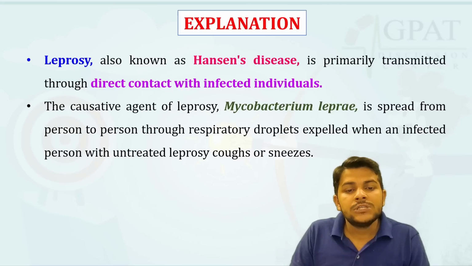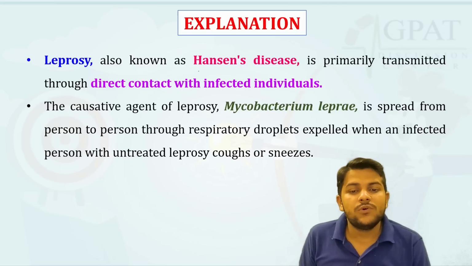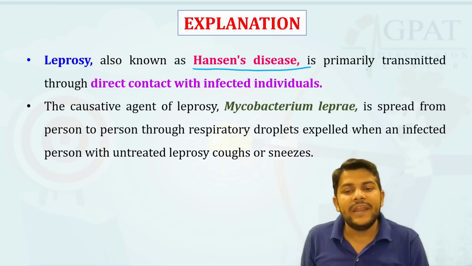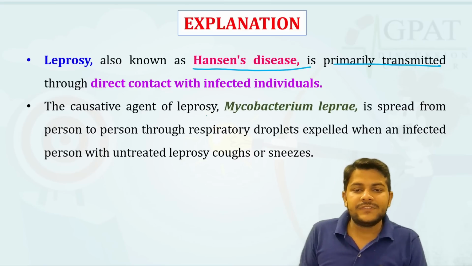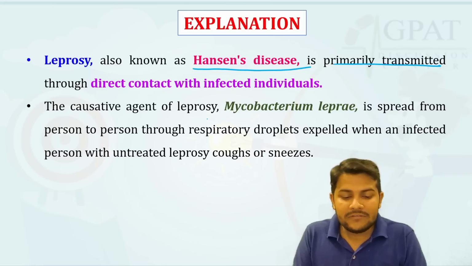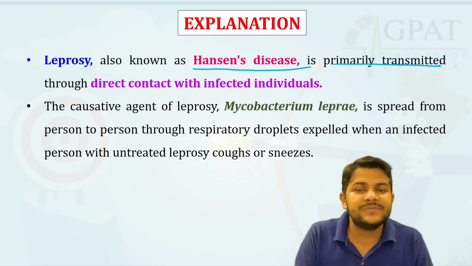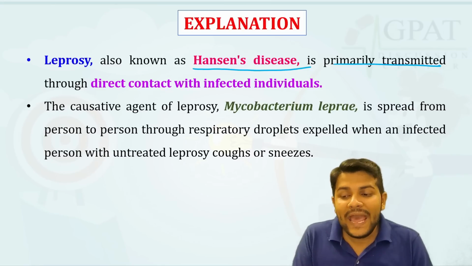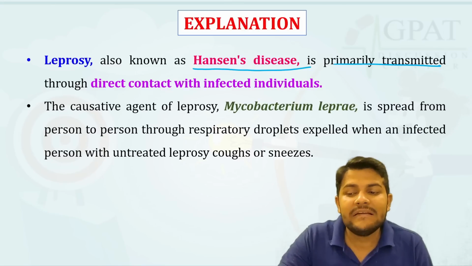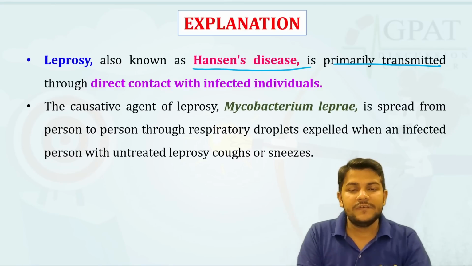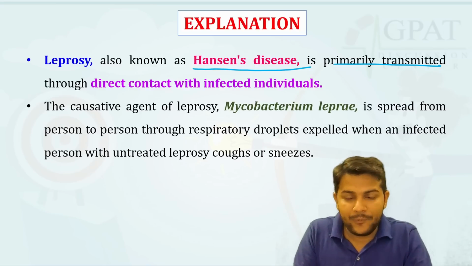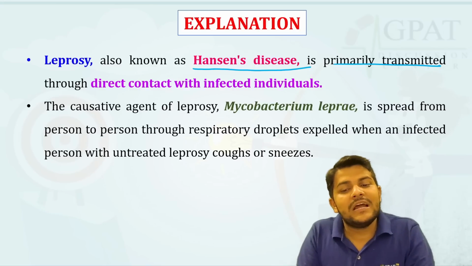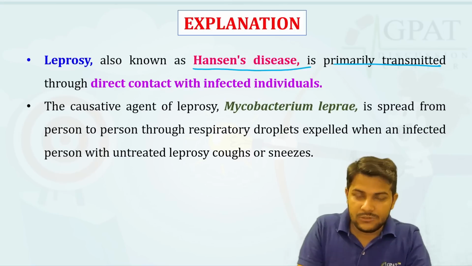Got it? Leprosy is also known as Hansen disease, and it is primarily transmitted through direct contact with an infected individual. We have the leprosy awareness program that has been launched by the Indian government, which also provides useful support: if someone's parents have leprosy, their children are given a good education.